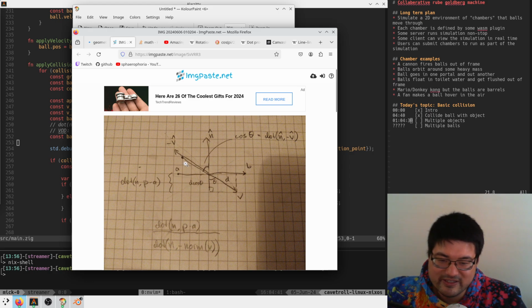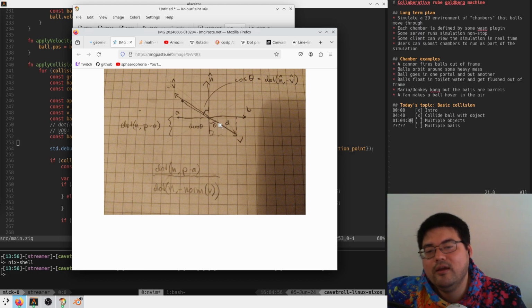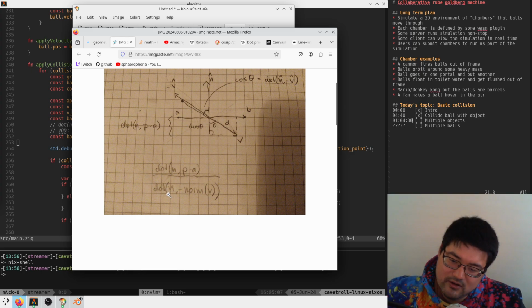So you have this. Velocity is coming here. Then you have dot normal onto this, gives you this angle. Okay. And then you're just saying to the surface along the surface, dot n over norm v.